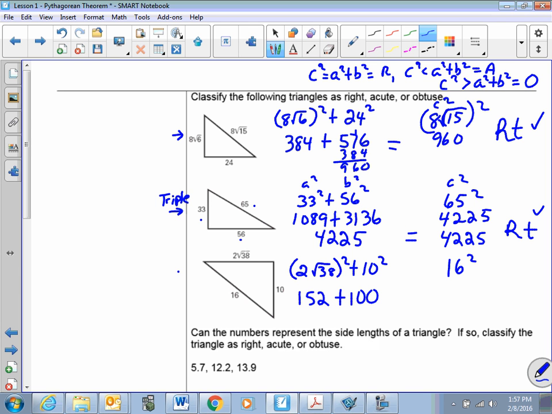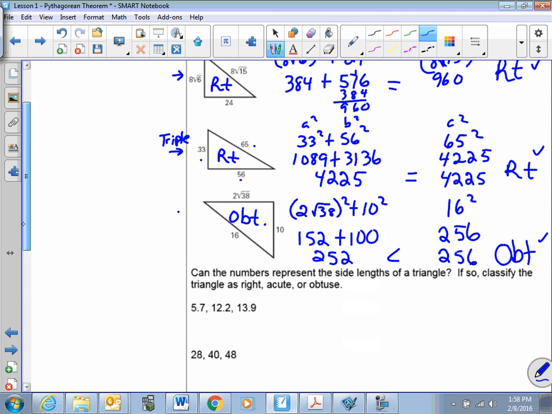And what is 16 squared? 256. So what do I have here? I've got 252, and c squared is 256. And c squared is greater than a squared plus b squared. So what does that mean? It means I've got an obtuse triangle right here. So this is right, and this one is obtuse.